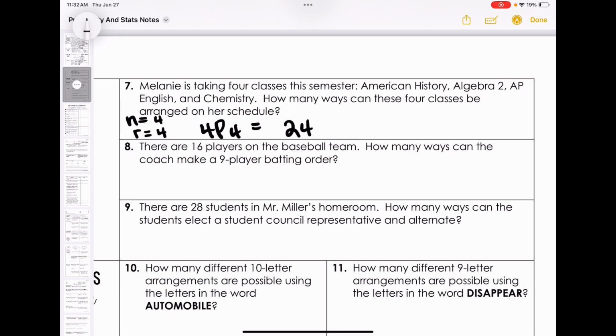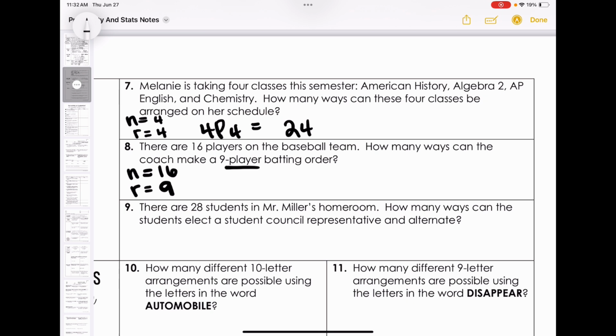All right, number 8. There are 16 players on the baseball team. How many ways can the coach make a 9-player batting order? So N is my total number of players, so there's a total of 16 players on the baseball team. And out of those 16, the coach has to pick 9.